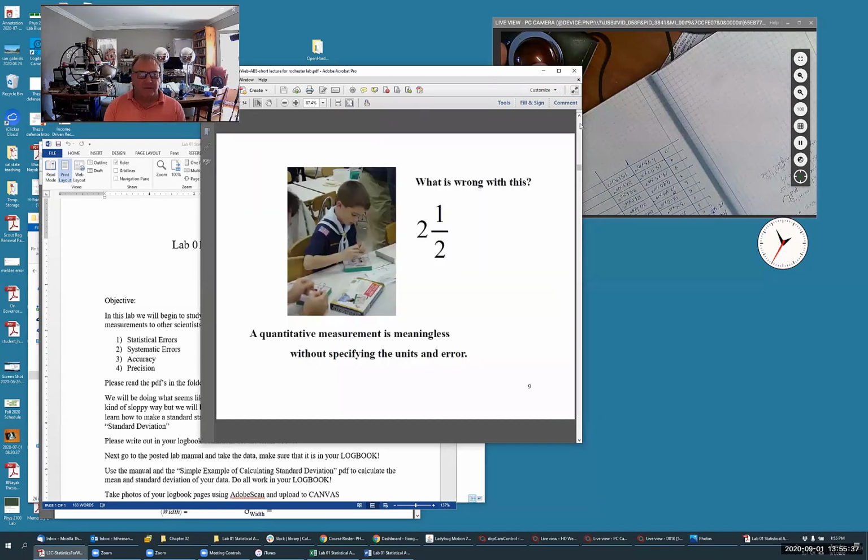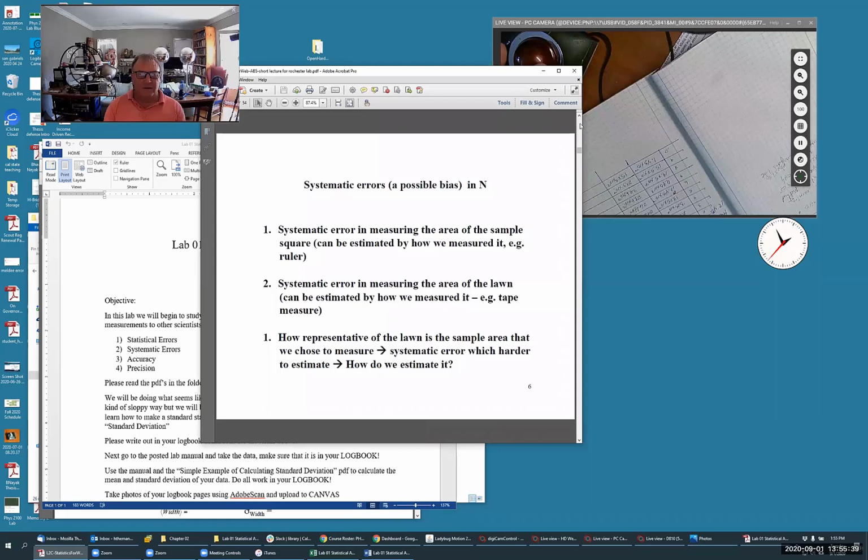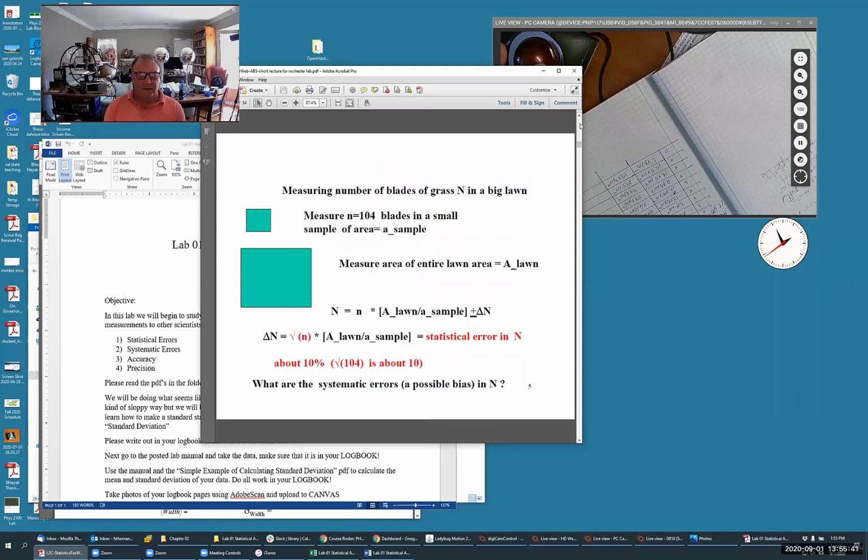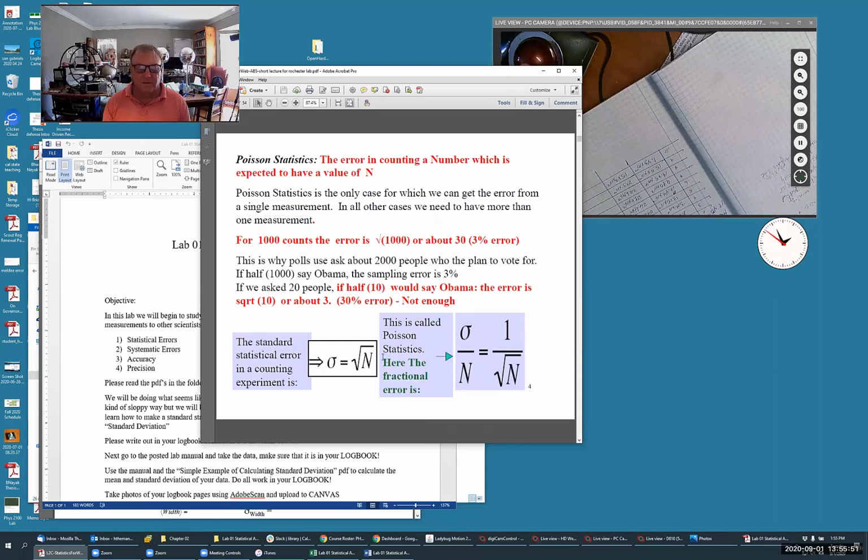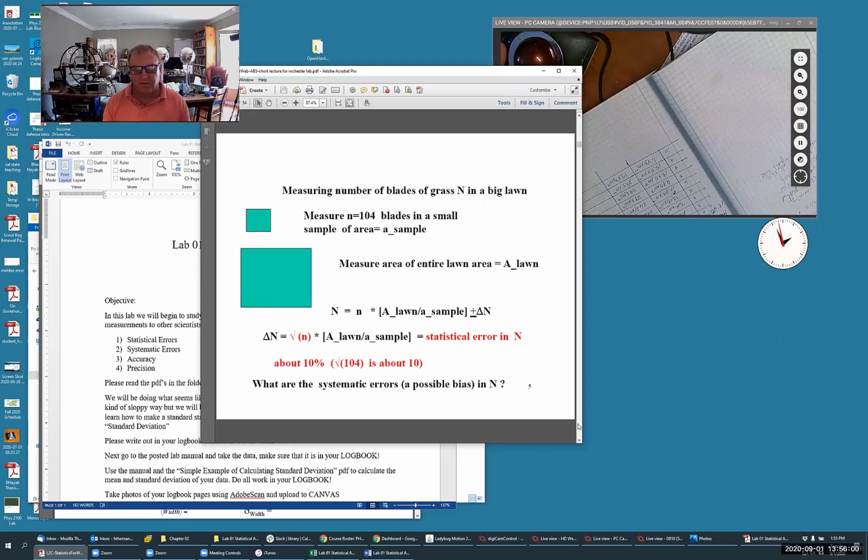And so, in a counting experiment, we can say that the error is expressed as the square root of whatever we counted. And so obviously, the more we count, oh, maybe not obviously, let's be careful, sorry.